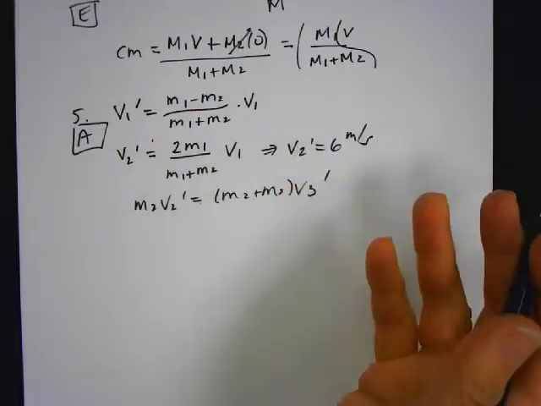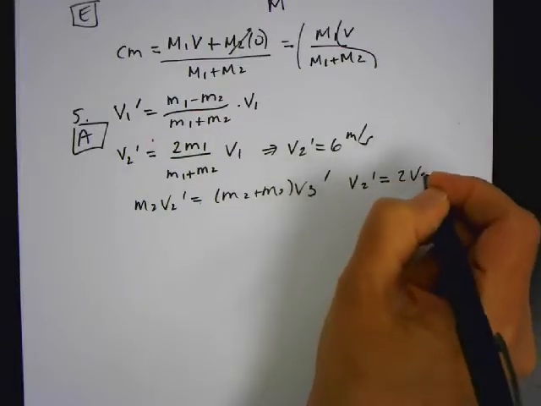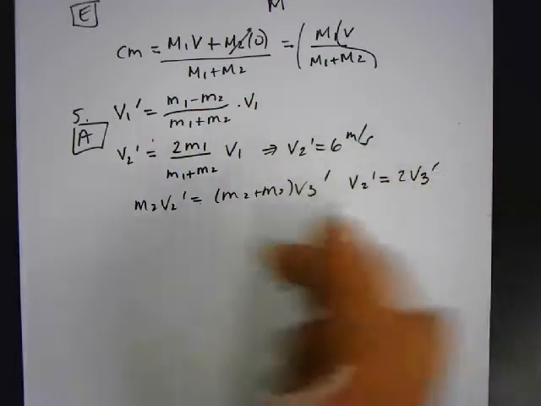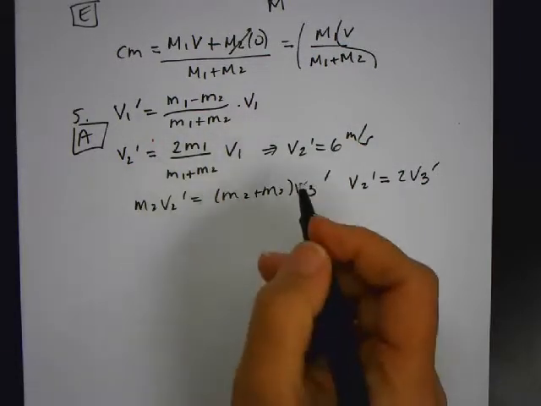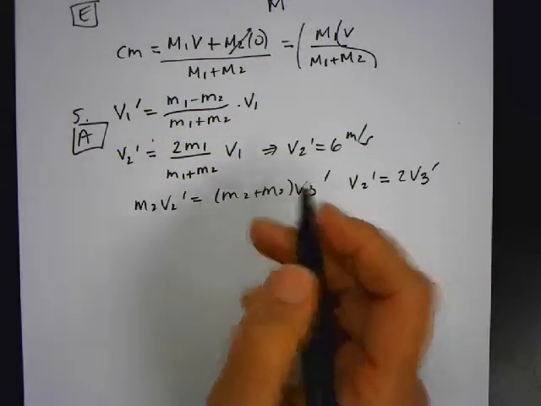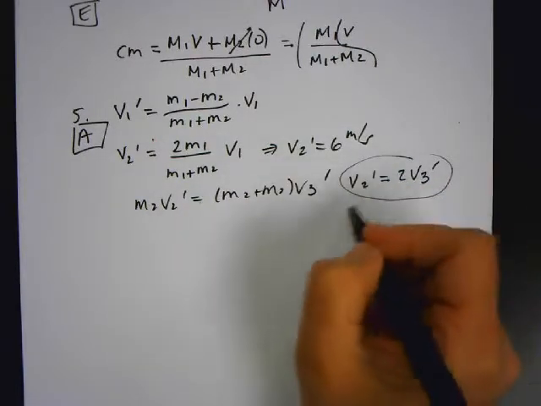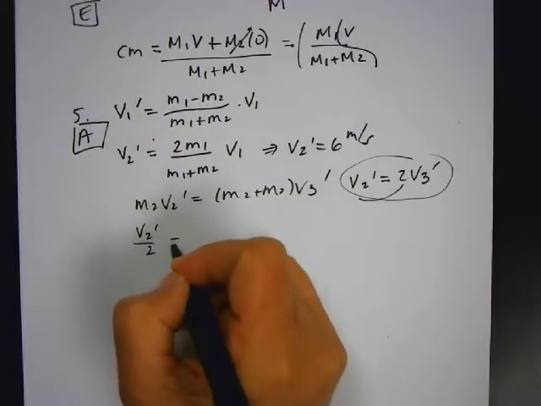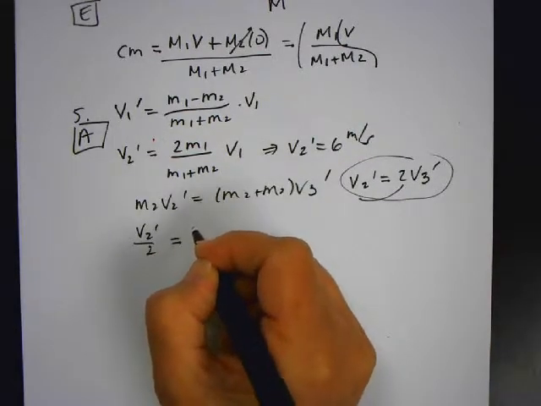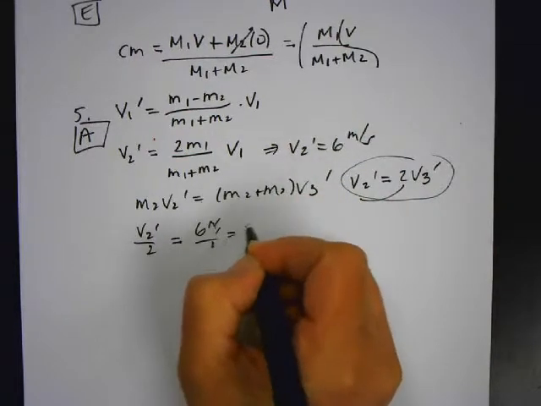But all the masses are equal, so v2 prime is equal to 2v3 prime. If you substitute it in, you'd have v3 prime equal to v2 prime divided by 2. So 6 divided by 2 comes out to be 3.